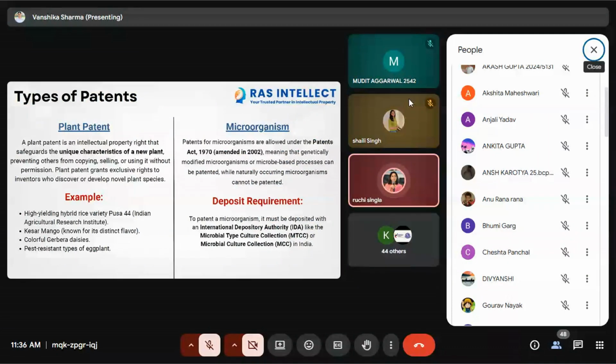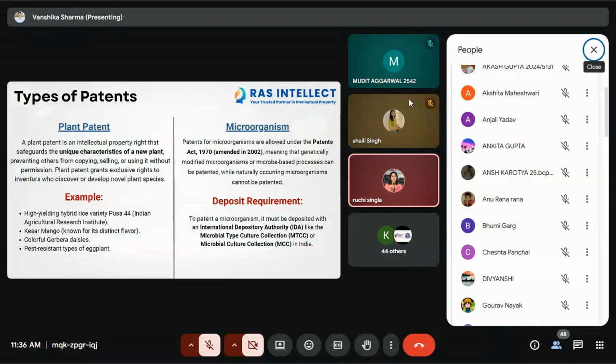So talking about plant patent, a plant patent is an intellectual property right that safeguards the unique characteristics of a new plant, preventing others from copying, selling, or using it without permission. Plant patent grants exclusive rights to inventors who discover or develop novel plant species. So suppose you have created a hybrid species or a new species.